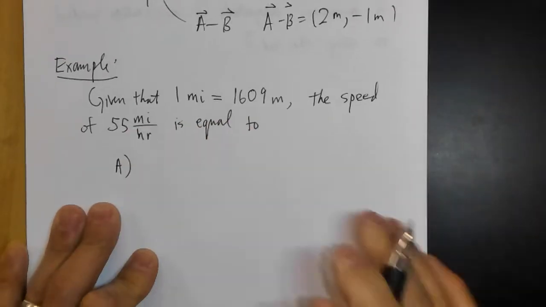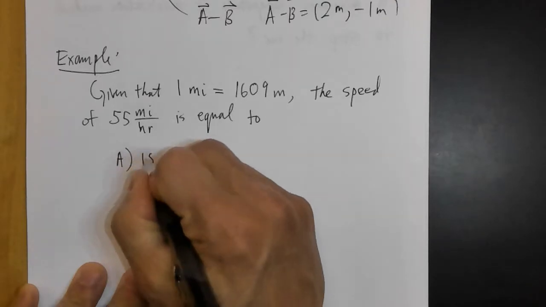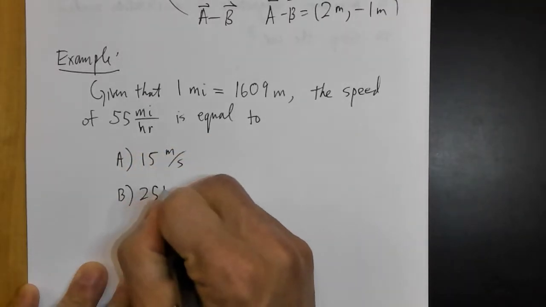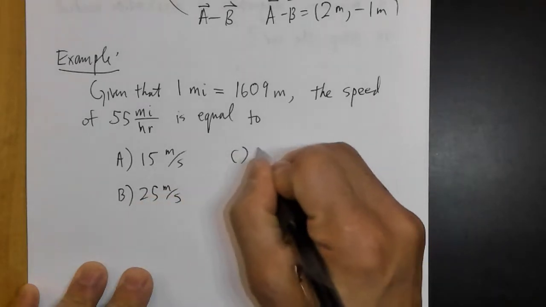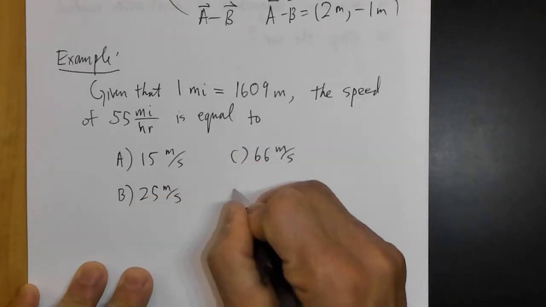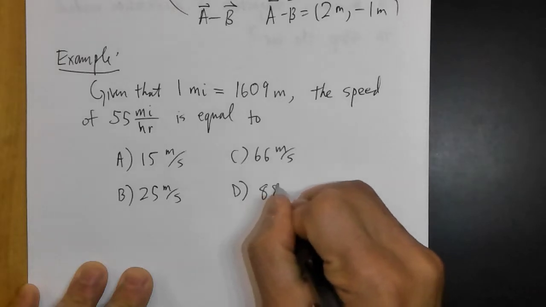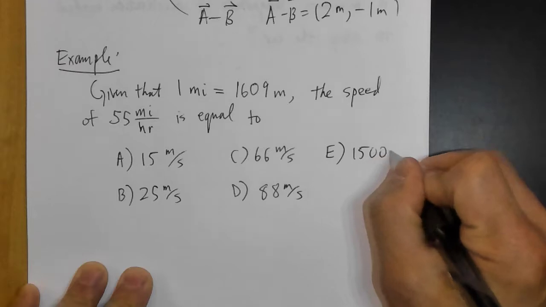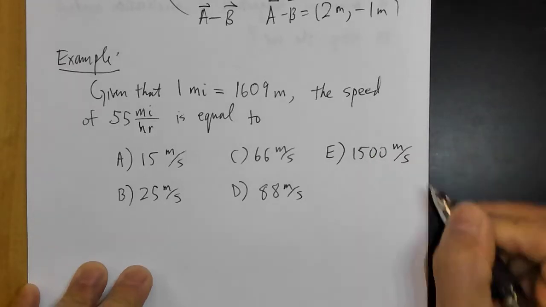Let me give you some choices. A is 15 meters per second. B is 25 meters per second. C is 66 meters per second. D is 88 meters per second. And E is 1,500 meters per second.